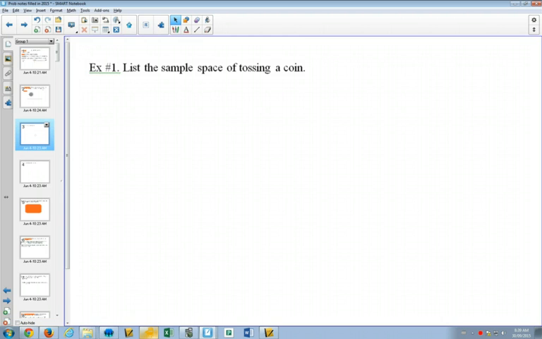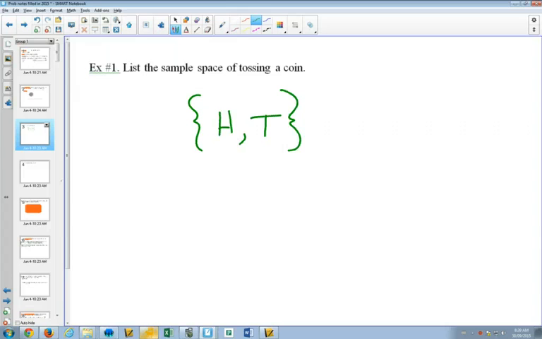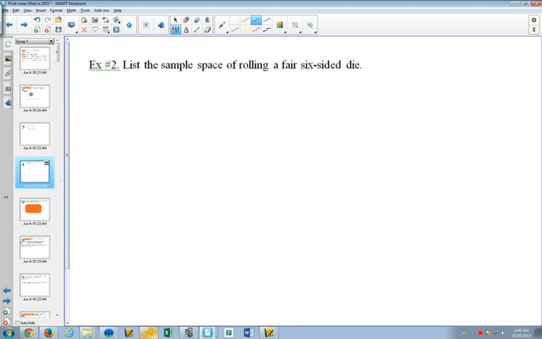You flip a coin, what are the possibilities you could get? Heads or tails. So the way that we write our sample space is we get to practice these extra fun squiggly brackets. And sometimes they'll turn out nice, and sometimes they'll just be massacred. So sample space of rolling a 6-sided die.